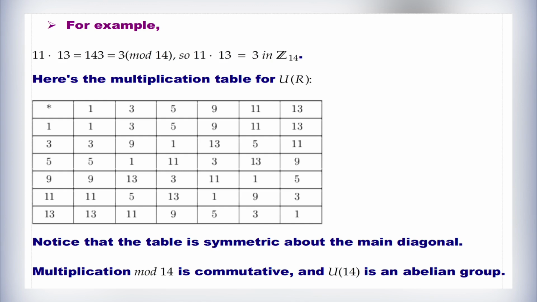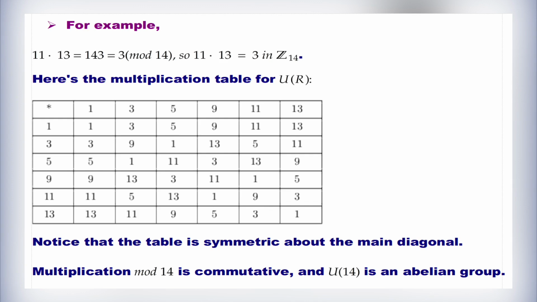Now, we multiply the elements. 1 star 1 is 1, 1 star 3 is 3, 1 star 5 is 5, 1 star 9 is 9, 1 star 11 is 11 and 1 star 13 is 13. Similarly, we fill the first column also.